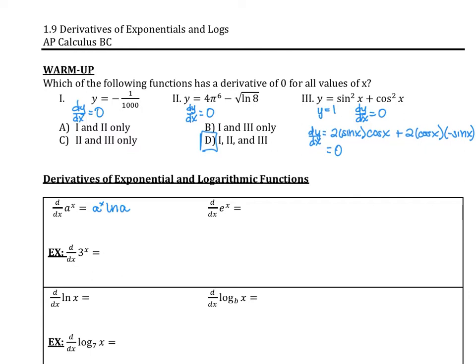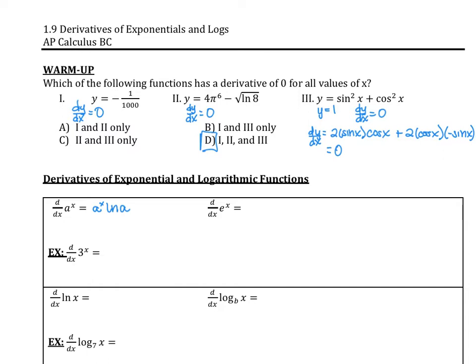So a couple of you asked about e to the x in class last week. So let's look at how we get e to the x. Do you agree that this base a or this base e, they mean the same thing? e is a number, just like a is a number, raised to a variable exponent.